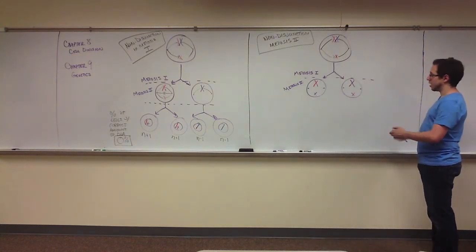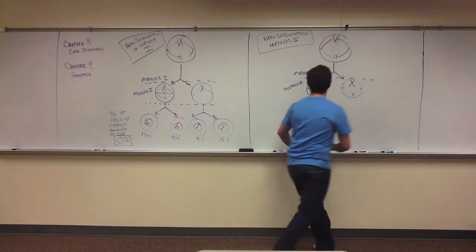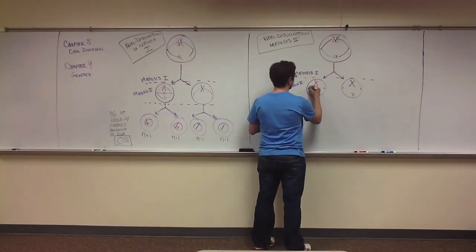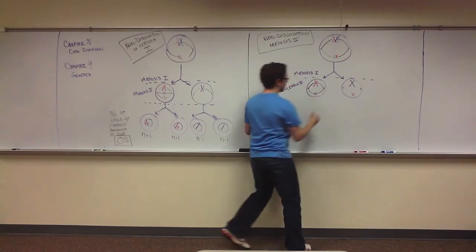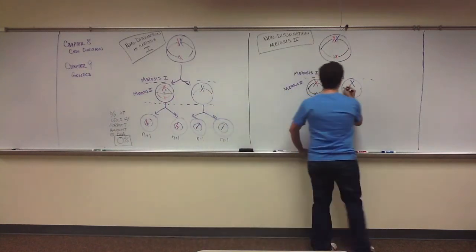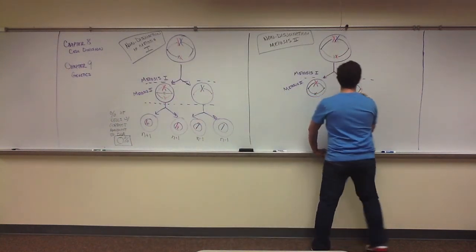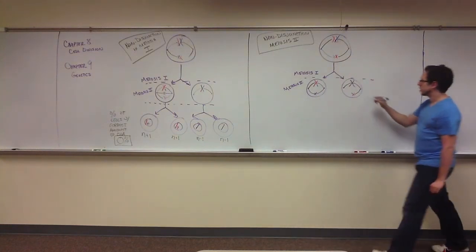Okay? Now, the non-disjunction is happening here in meiosis 2. So what we're going to see happen is in one of my cells, the spindle structures are going to appropriately attach to my pairs of sister chromatids. In the other, though, one pair of sister chromatids is only going to be attached on one side.